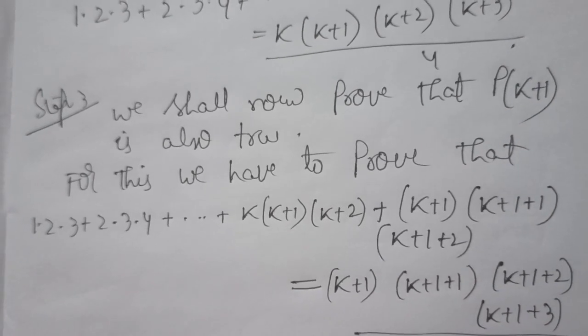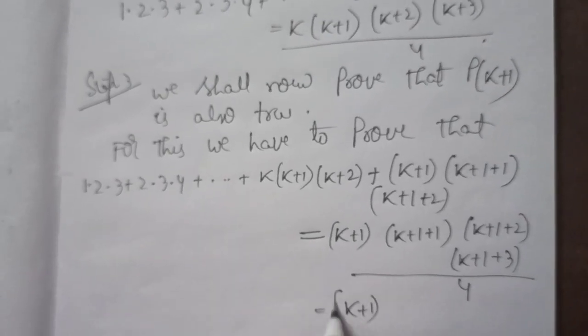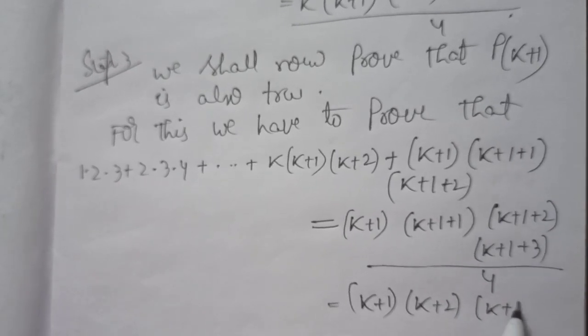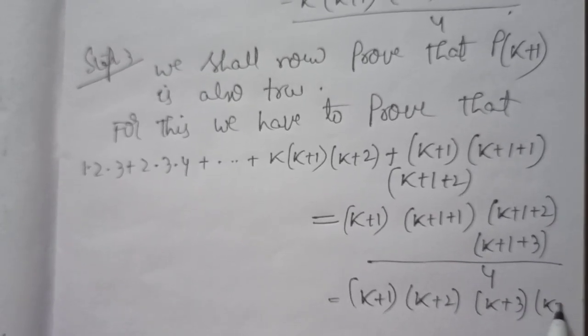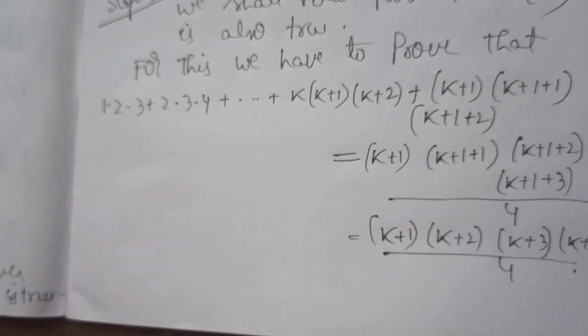That means what you should get on the right hand side is (k+1)(k+2)(k+3)(k+4) divided by 4. This you need to get. So I am taking the LHS.